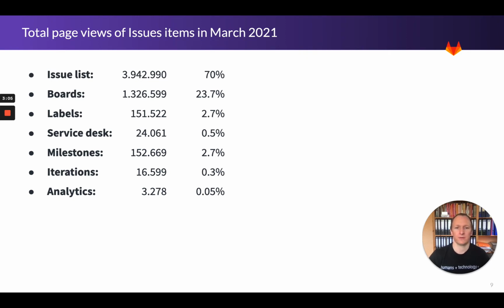So we looked at the data and tried to figure out which of the items are most visited. What we saw is that, for example, in issues, only the issue list and boards together make up 95% of all page views. The other 5 items we make available to the user make about 5% of the page views.